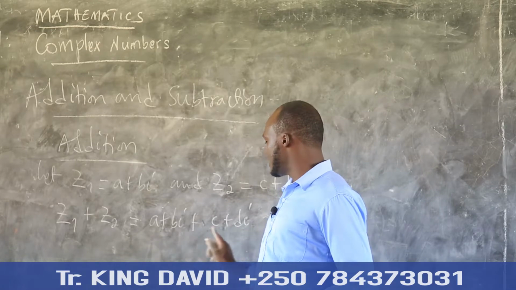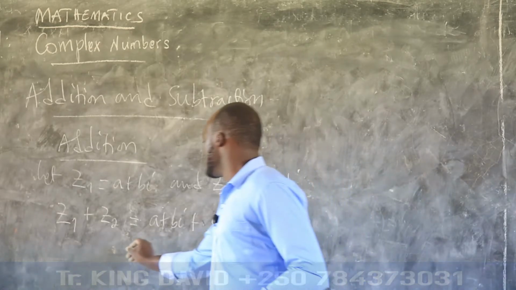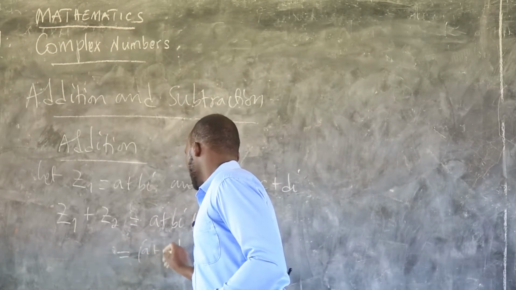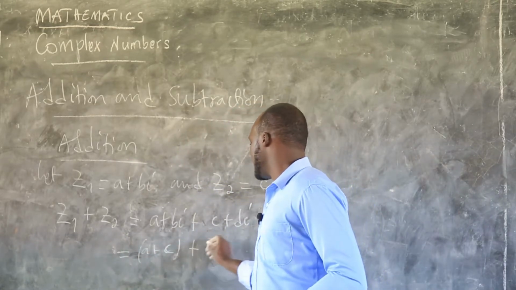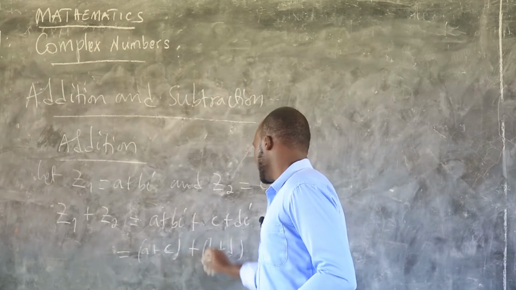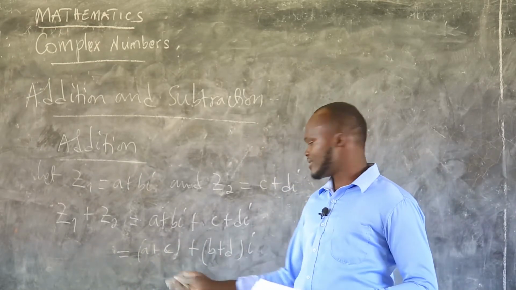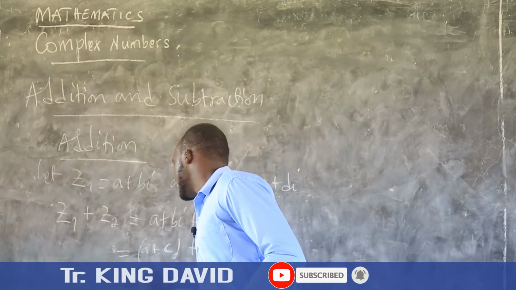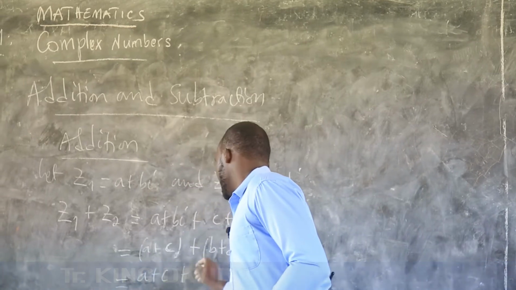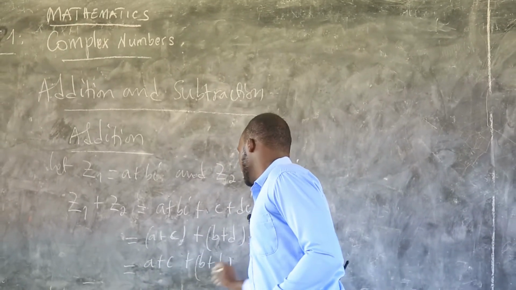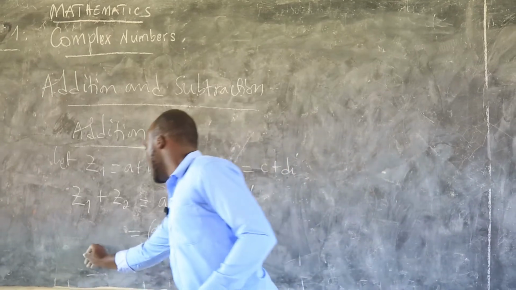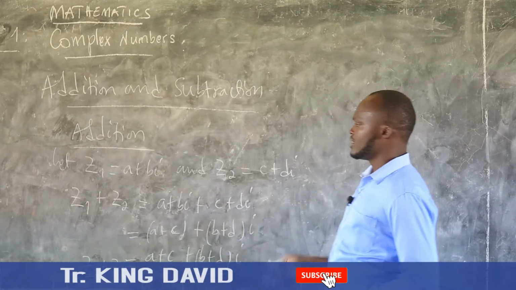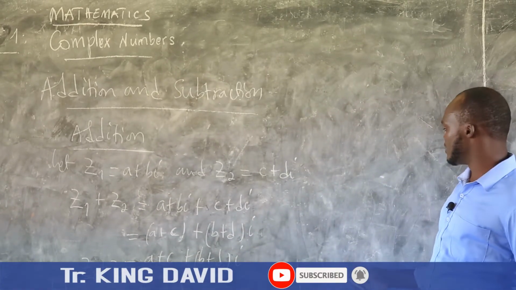We first add the real parts together, which is a plus c, plus b plus d. The final answer is a plus c plus (b plus d) i. So this is Z1 plus Z2. We add real parts together and imaginary parts together.